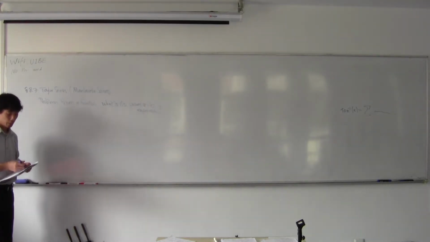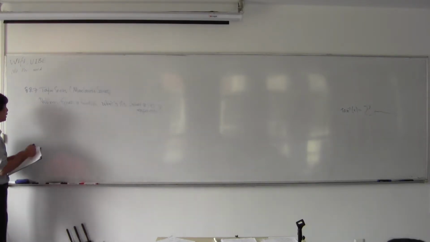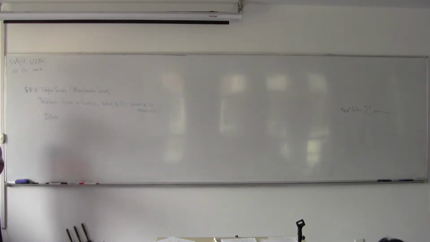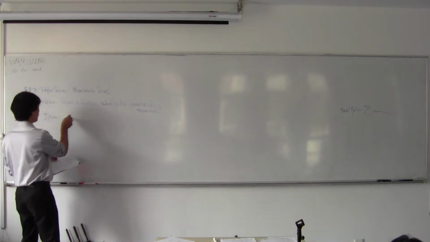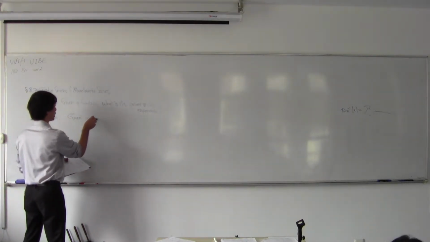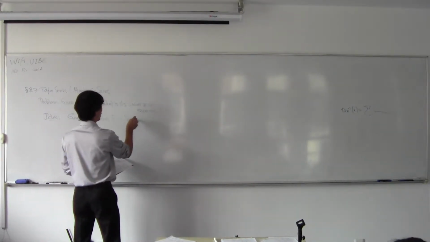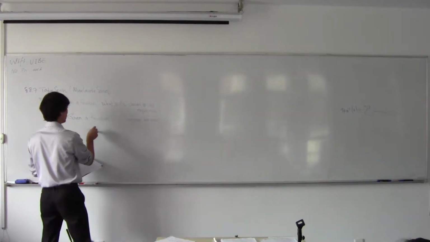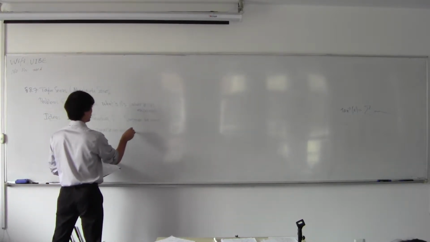So here's the idea. You have some function, and you say, let's pretend it has a power series expansion. Given a function f, suppose we want a power series expansion about 0.